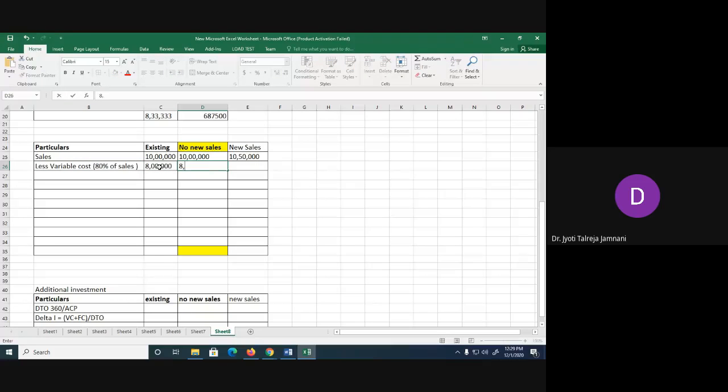Then next is again 8 lakh. And 10 lakh 50,000, 80% is 8 lakh 40,000. So when we do sales minus variable cost, we get the contribution: 2 lakh, 2 lakh, and 2 lakh 10,000.